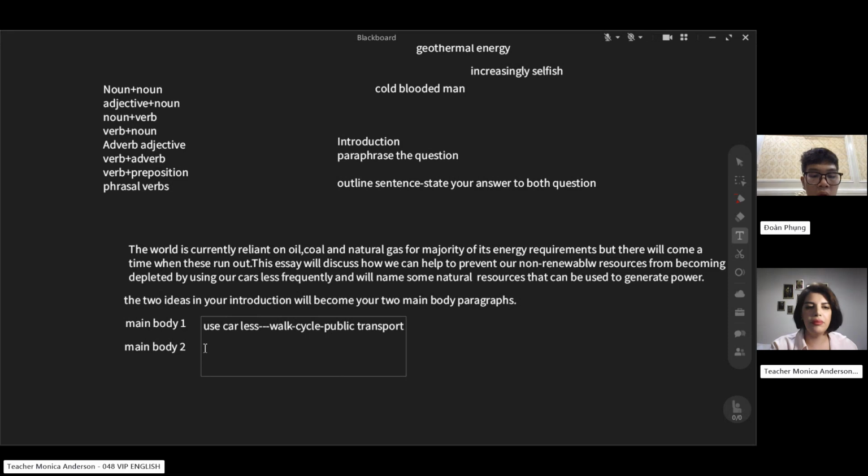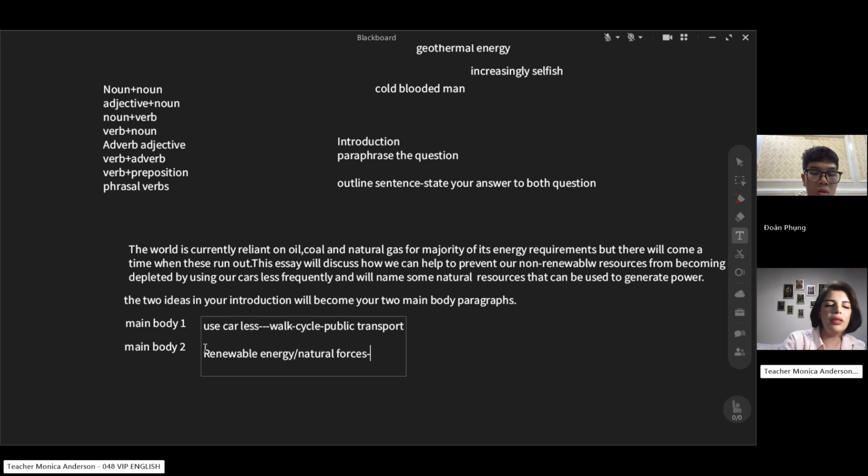I think we talk about some non-renewable. No, renewable, because we need to make them again. We find some renewable energies, natural forces. Force means power.